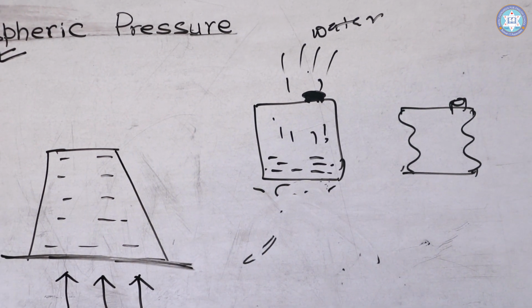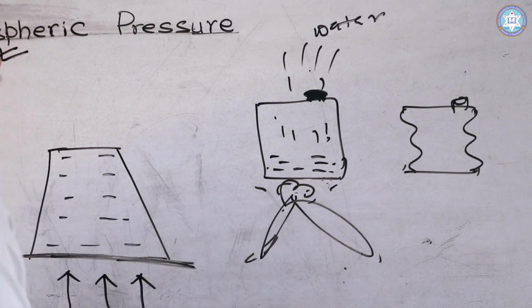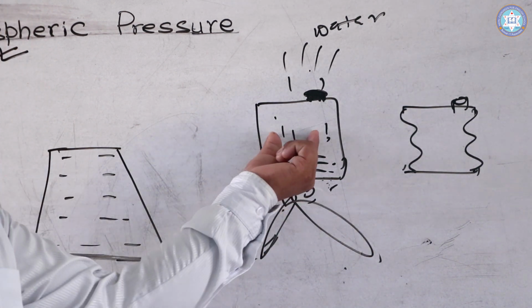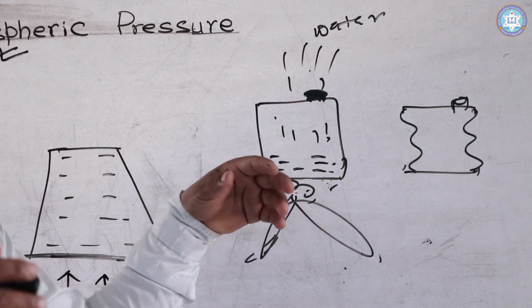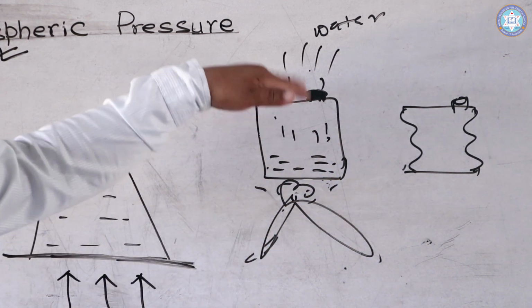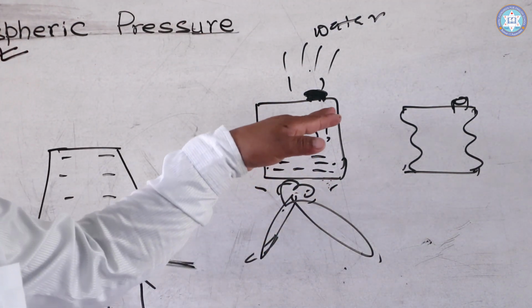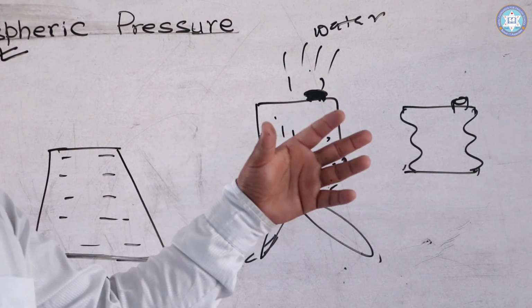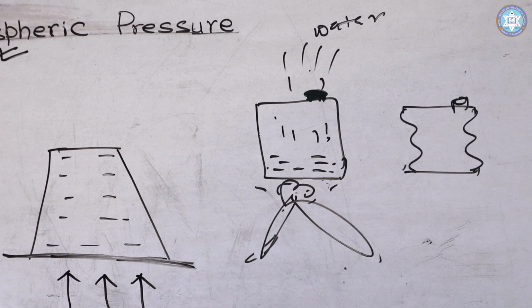Why? Because when we heated it, the air inside this can or drum or tin box goes up due to the heating process, and it becomes quite a vacuum. No air means vacuum.